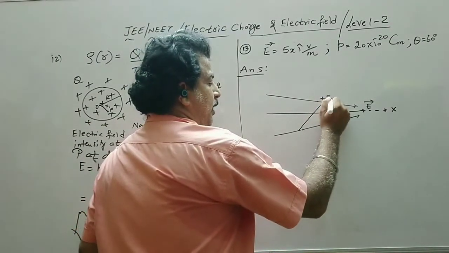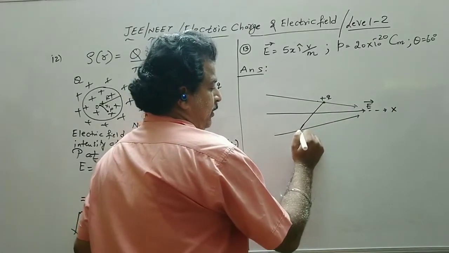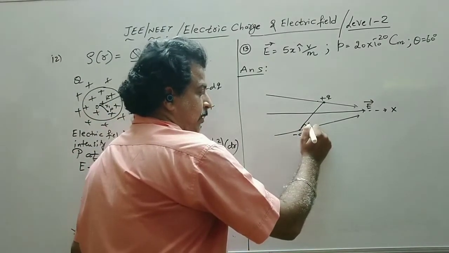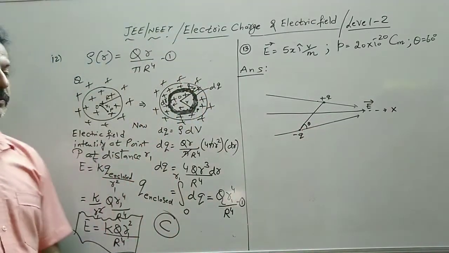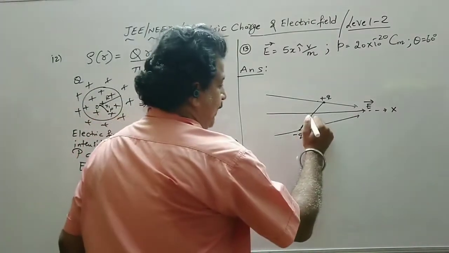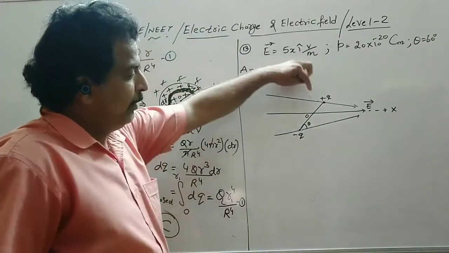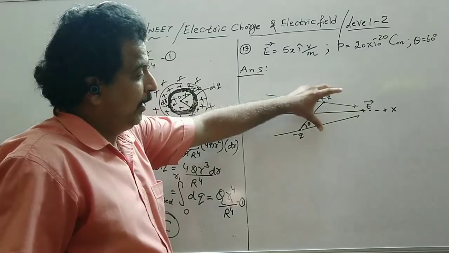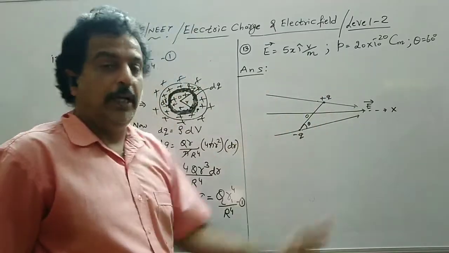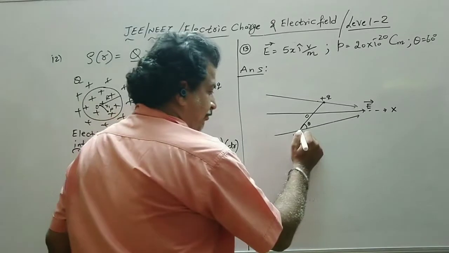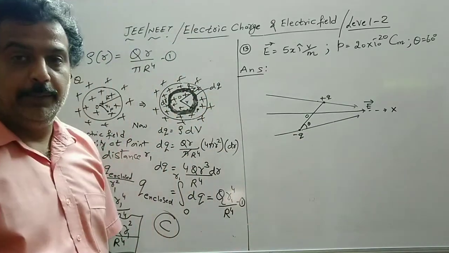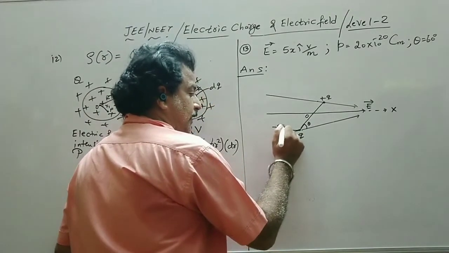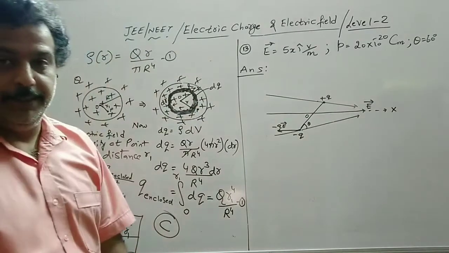This is a plus Q charge and this is minus Q charge. Let the dipole be placed making an angle theta. So this is a dipole placed making an angle theta. Clearly the force on this charge will be more because the field is increasing as we move along the x-axis. If I take the field at this point to be E, then the force acting on it, as we have done before, will be minus QE.